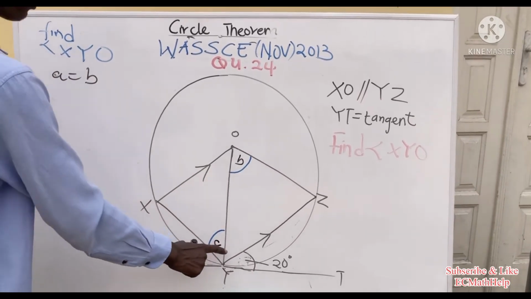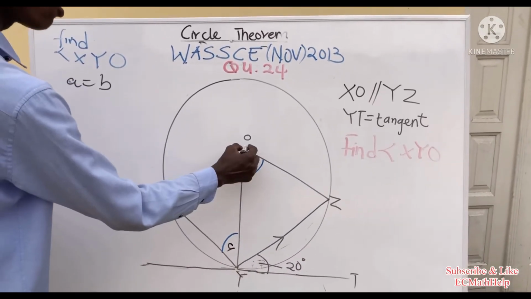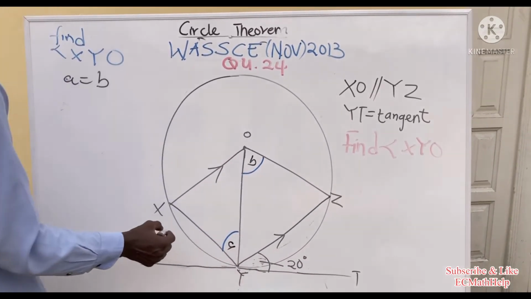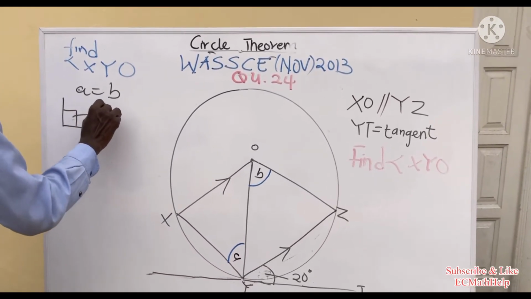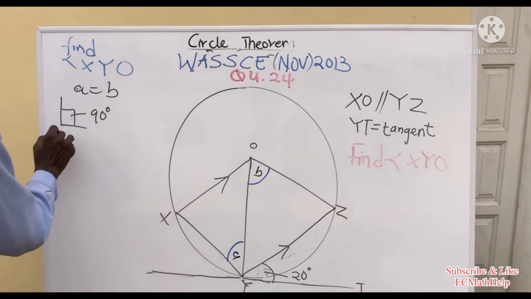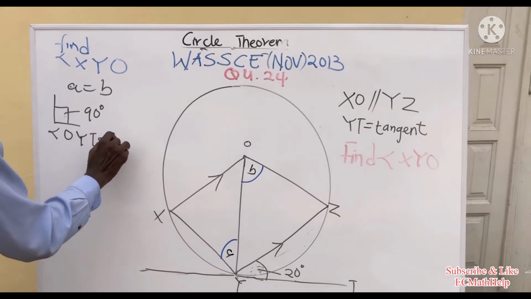Now, in the question, we have been given that YT is a tangent, and we know that OY is a perpendicular line, so it makes an angle of 90 degrees. Therefore, angle OYT equals 90 degrees.